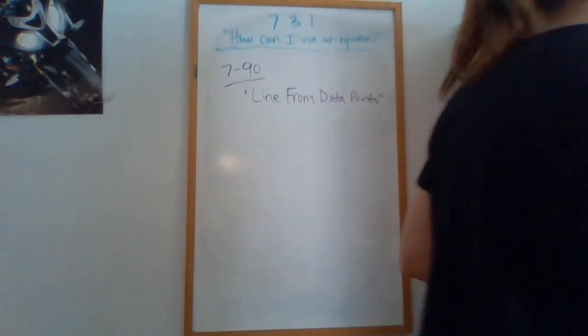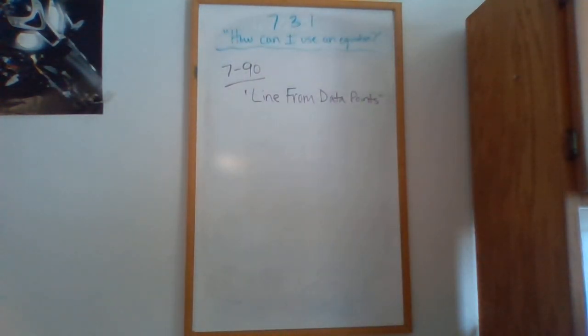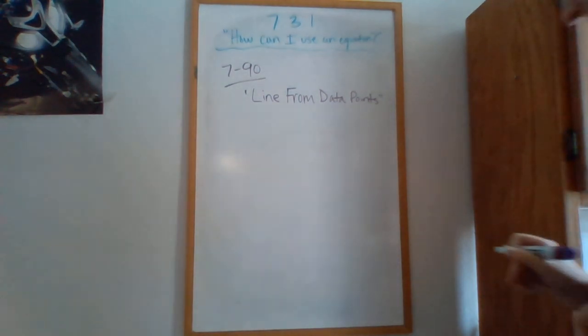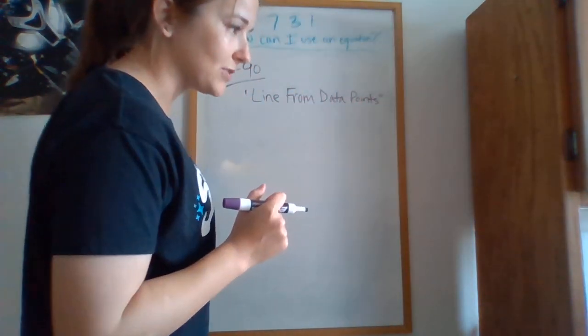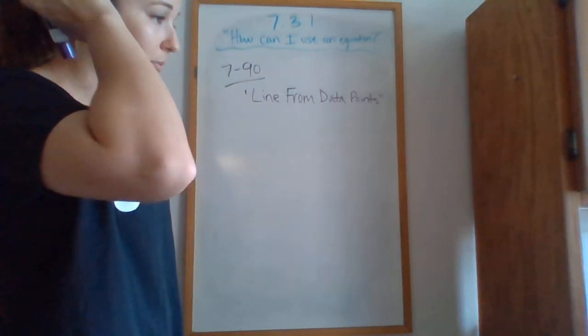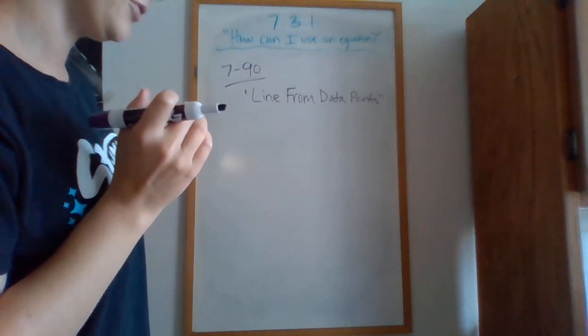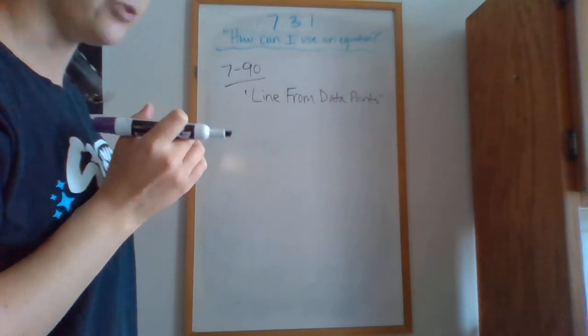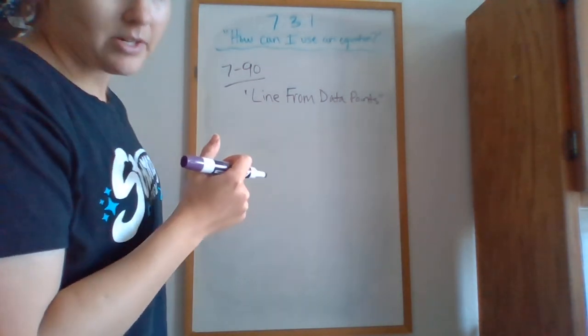And the actual learning log is asking, describe how to find the equation of a line in y equals mx plus b form from a graph of points. Include an example of how to calculate the slope from 2 points. Okay, so here's what I wrote.